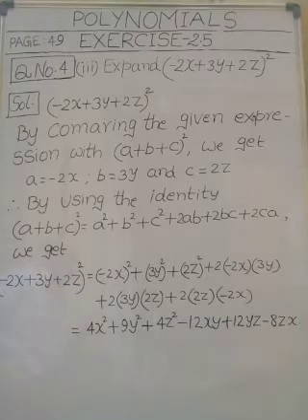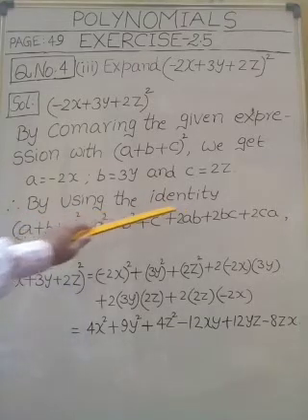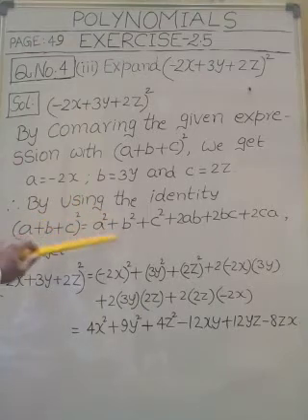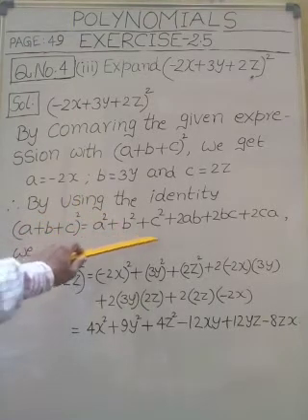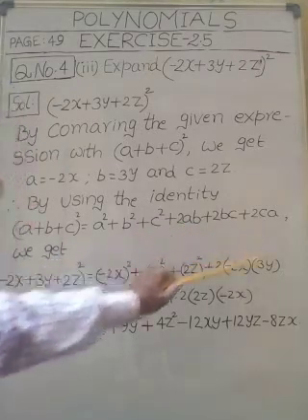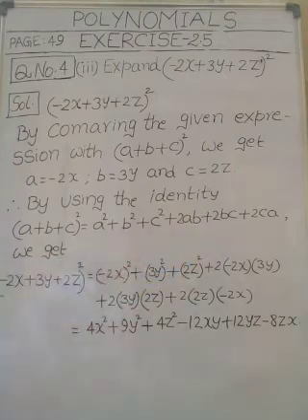Right. Then by using the identity (a plus b plus c) whole square is equal to a square plus b square plus c square plus 2ab plus 2bc plus 2ca. This is the expansion of this algebraic expression. Okay, my dear children.